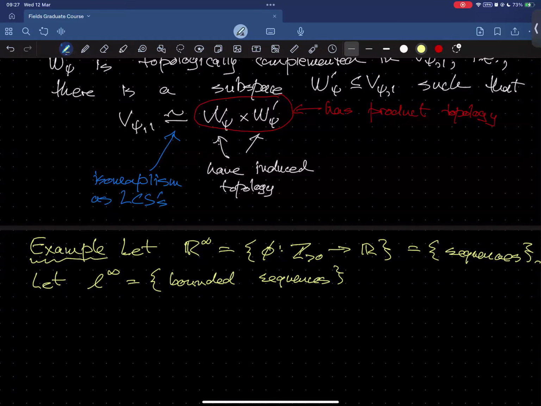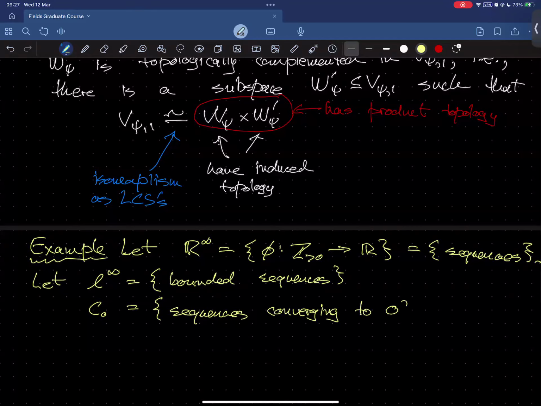Okay. And let's take C0 to be sequences which converge to 0. Those are both collections of sequences, and on each, let's use the infinity norm on L infinity.